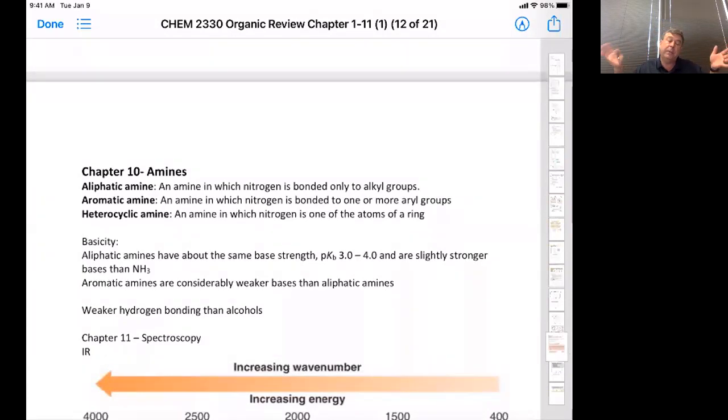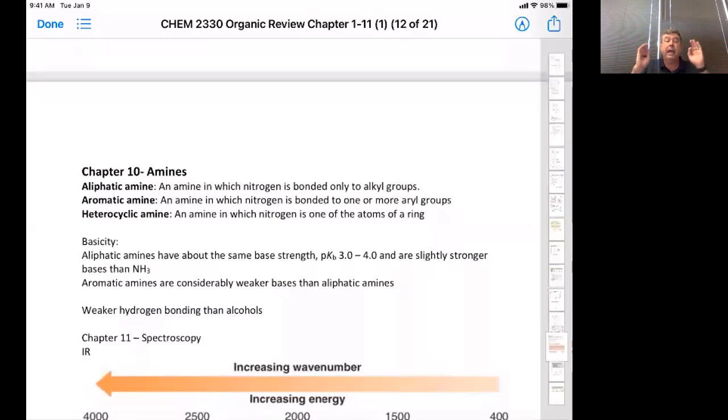So in chapter 10, we talked about the different types of amines. We actually have 4 kinds of amines: aliphatic amine, aromatic amine, heterocyclic aliphatic amine, heterocyclic aromatic amine, and they all had different basicities. The aliphatic amines are always more basic because the lone pair is stuck on a single nitrogen. As you get to more aromatic things, their basicity decreases because it can share electrons with the ring.